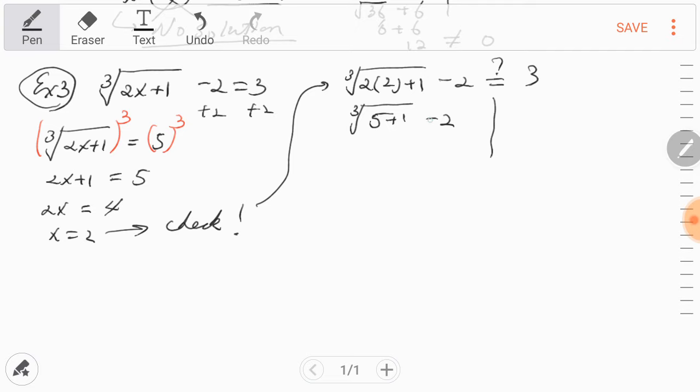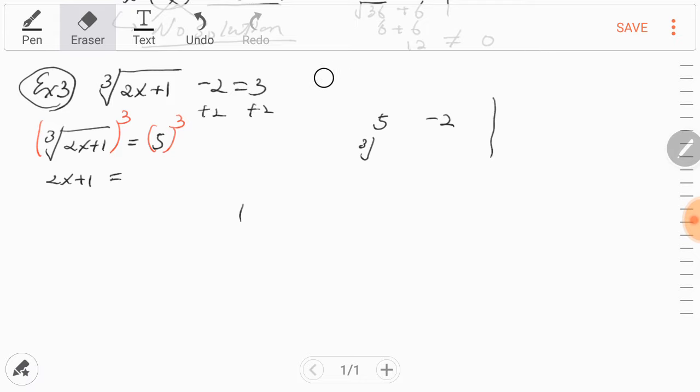Wait a minute, this is 5, right? Oh, wait a second, I'm sorry. 5 cubed is not this one. Not this one, sorry. Let's do it again.